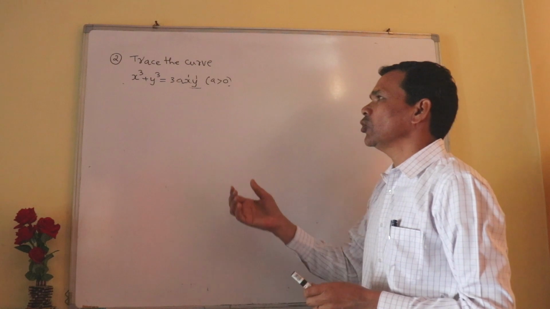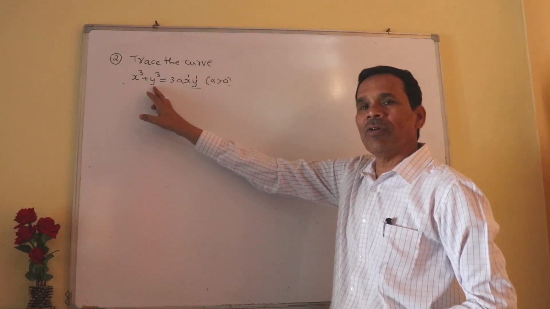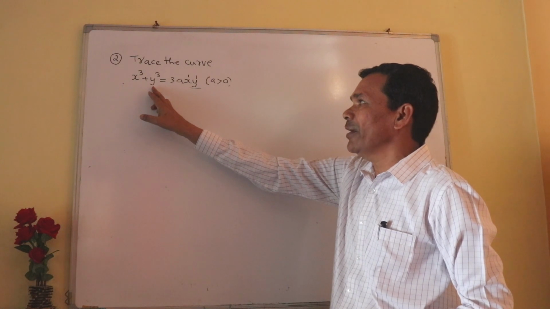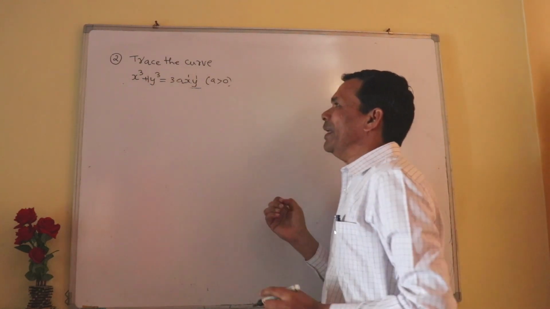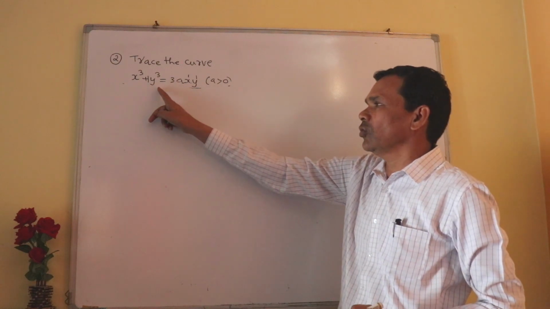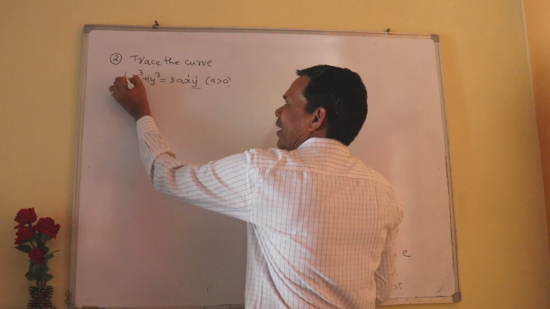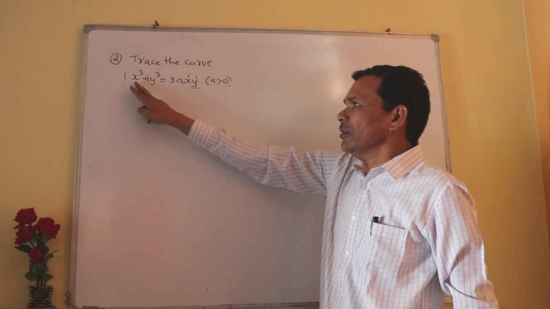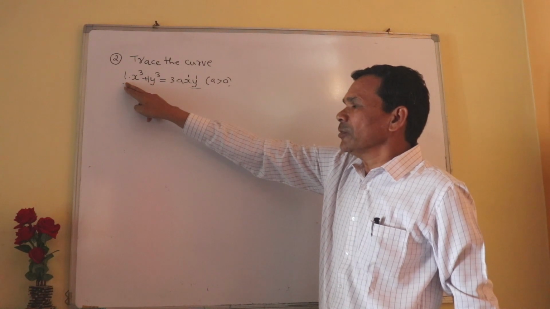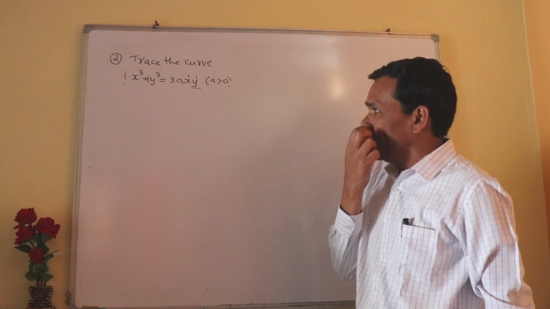An asymptote parallel to the y axis is obtained by equating to 0 the coefficient of the highest degree term in y, that is y cube, and its coefficient is 1, a constant, so no asymptote parallel to the y axis. Similarly, for an asymptote parallel to the x axis, the coefficient of the highest degree term in x is 1, so we cannot equate it to 0, so no asymptote parallel to the x axis.